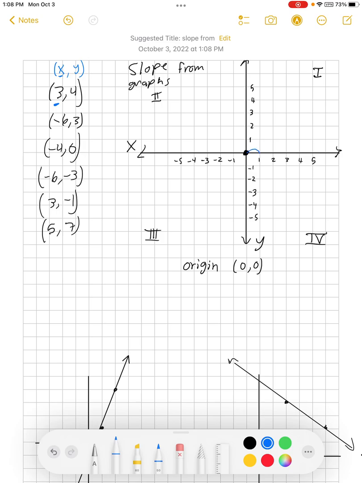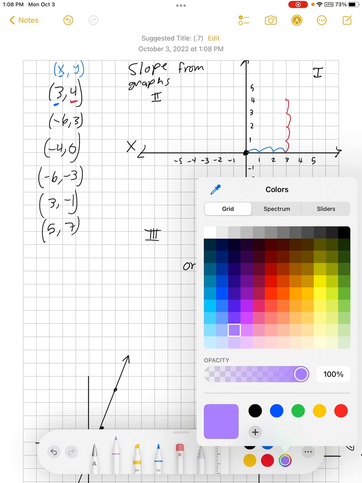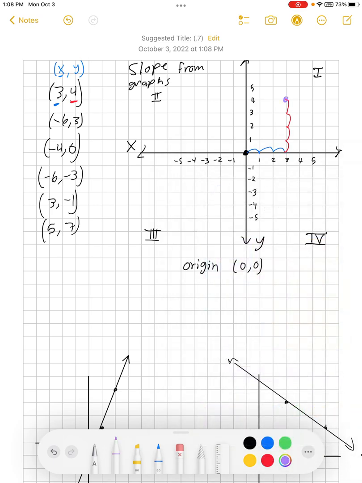So I'm going to go to the x-axis and move over 3 spaces. From there, we move in the y direction, which is positive 4, so we're going to go up 4. I know that we're going up 4 because it is positive. So I'm going to put a purple dot right there to say that's a combination of the blue and the red.